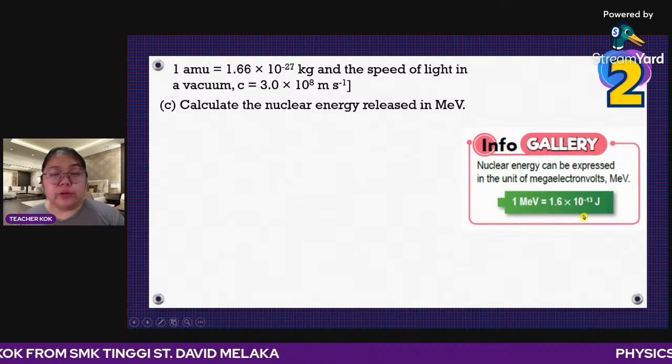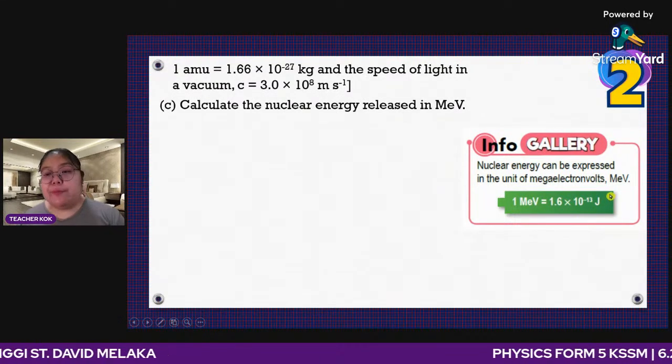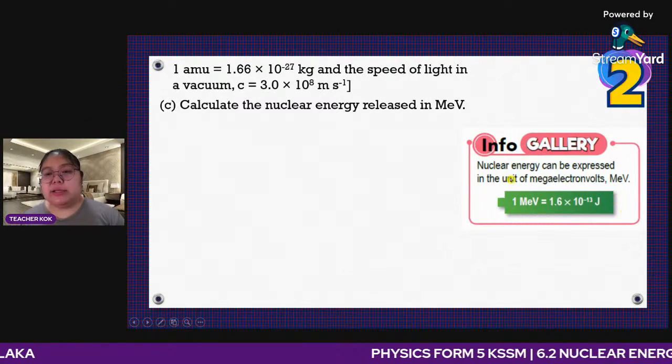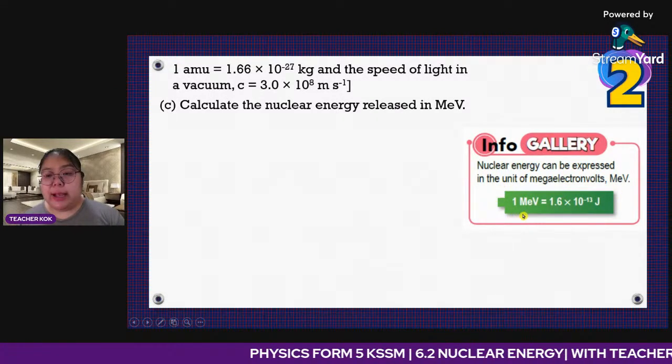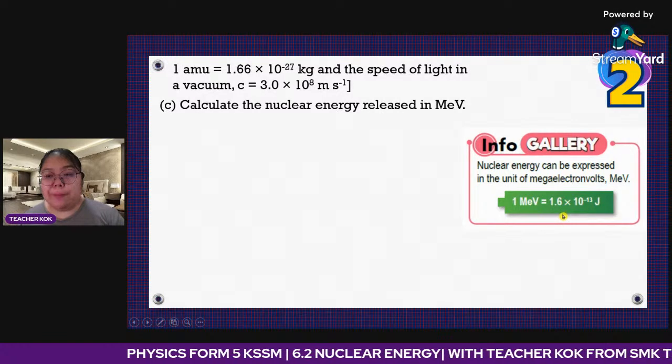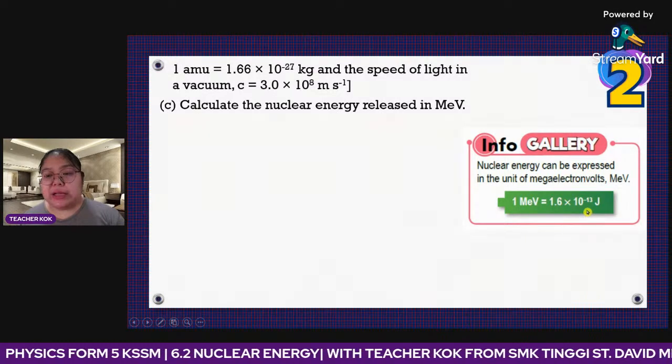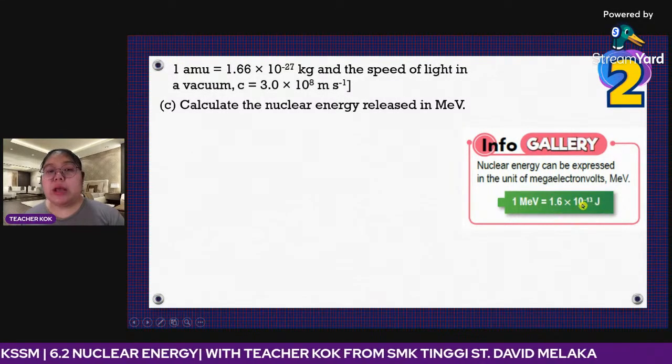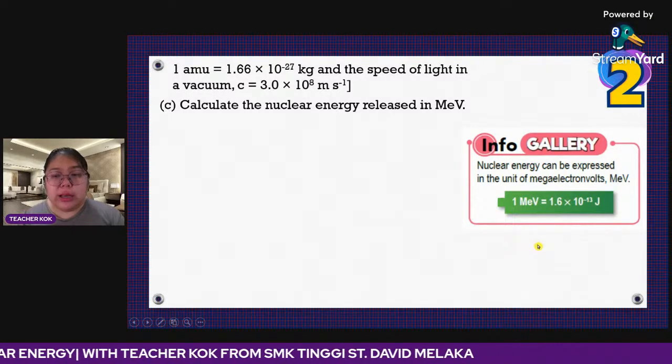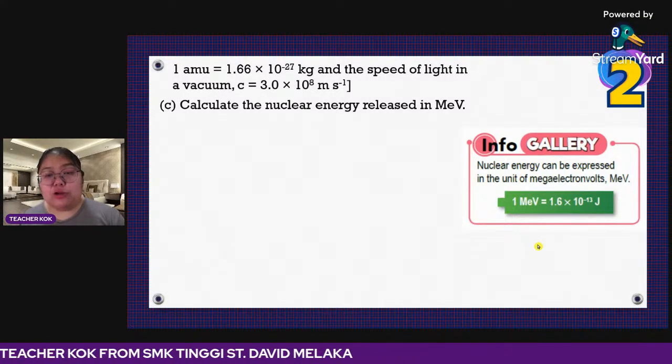We're not only using joule, we can convert to mega electron volt. Now you can see this info: 1 mega electron volt equals 1.6 times 10 to the power of negative 13 joule. So that means if you find the answer in joule, you convert it to mega electron volt.